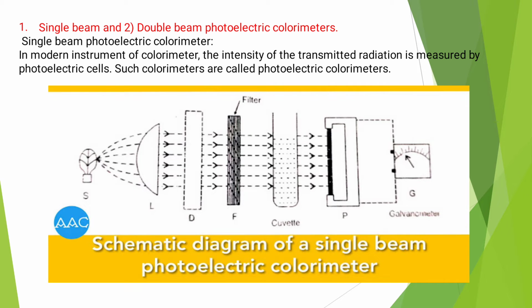In the single beam photoelectric colorimeter, as in the modern colorimeter, the intensity of the transmitted radiation is measured by the photoelectric cell. Such colorimeters are called photoelectric colorimeters. Here we measure the intensity of transmitted light with the help of photoelectric cells.